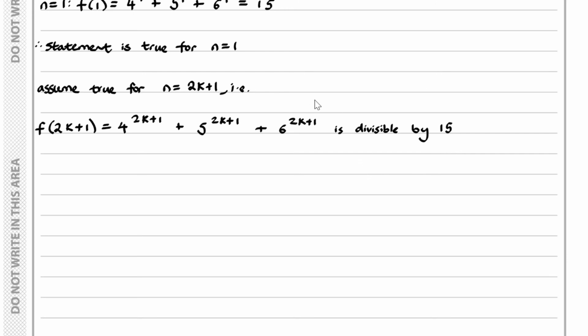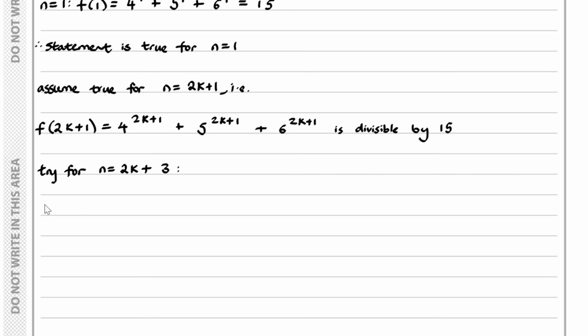And we need to try the next odd integer above this, so we now need to try and see what happens for n equals 2k plus 3. And of course we add 2 to the 2k plus 1 to get the 2k plus 3.